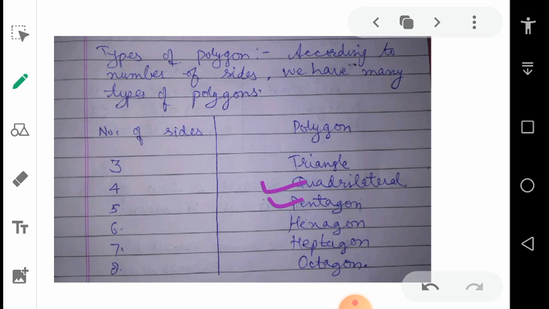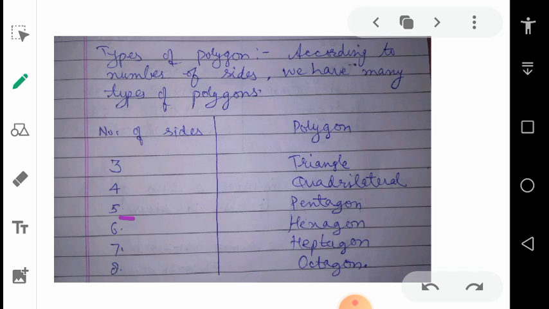If sides are 6, it is a hexagon. 7, it is a heptagon. 8, it is called an octagon. Now let's see a few of them. Okay, as you know, the triangle looks like this. Here 3 sides are there, it is called a triangle.